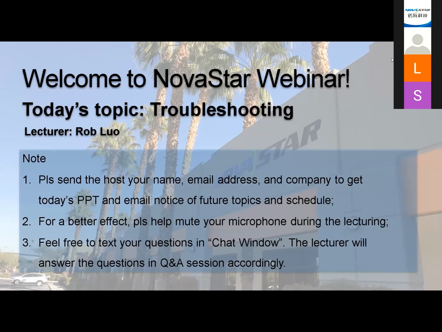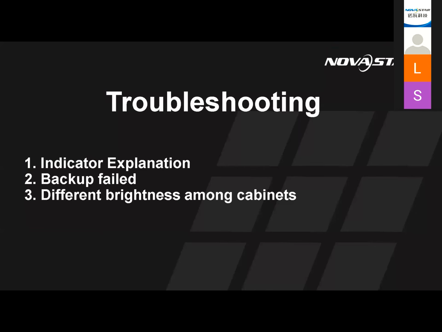I miss you guys. Okay, let's start with today's topic, troubleshooting. Today, we will talk about 3 parts of troubleshooting. The first one is indicator explanation. This is about the receiving card, so we can resolve some easy problems by checking the indicator lights.